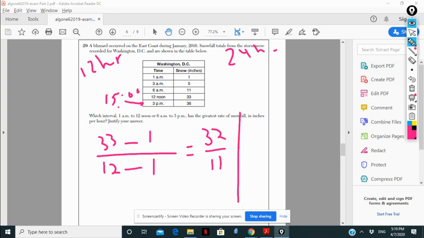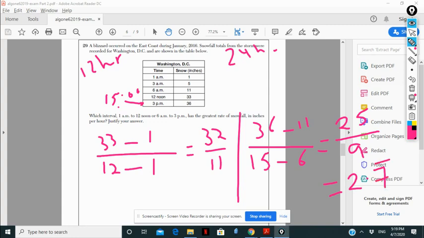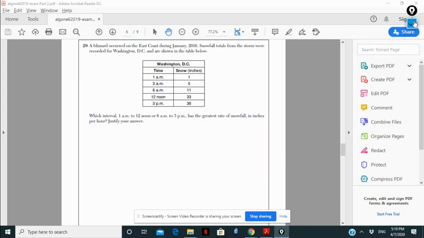Now I'm going from 6 a.m. to 3 p.m. 3 p.m. is 15 minus 6. At 3 p.m. it was 36. At 6 a.m. it was 11. So in that case, it's giving me 25 over 9. Now, this one is almost 2.7. I think I have to do the calculation using the calculator.